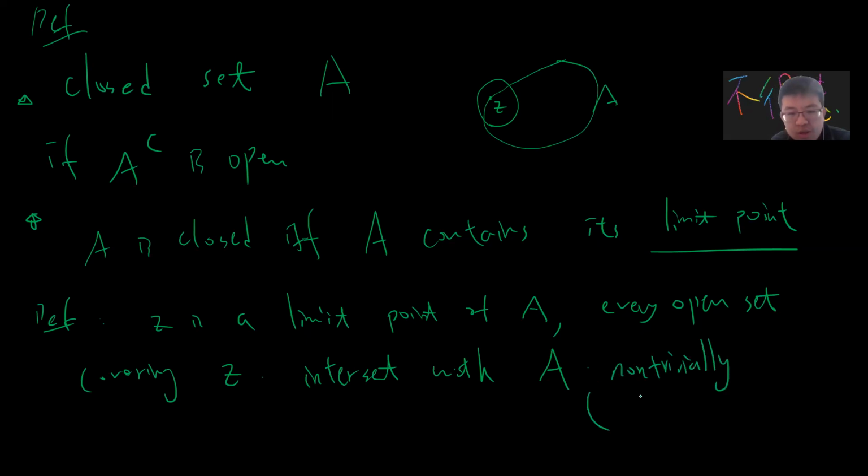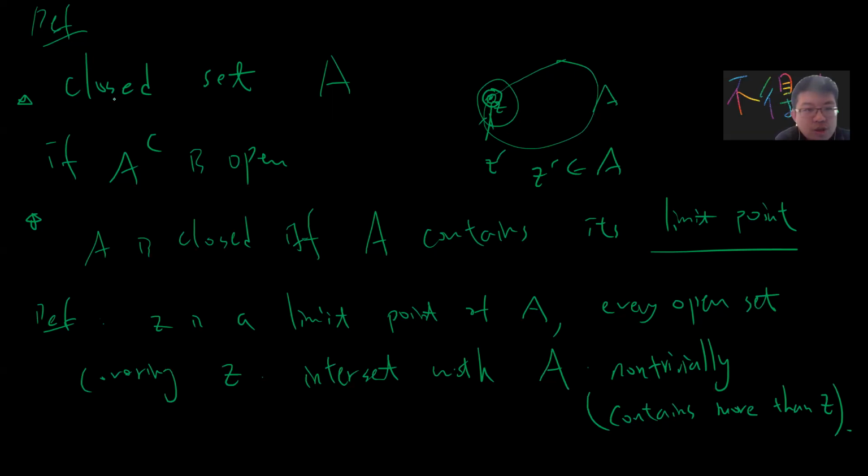Non-trivial means that the intersection contains more than Z. So this means that however small an open ball you choose, you can always find a point Z prime that belongs to A. So Z is infinitely close to A.